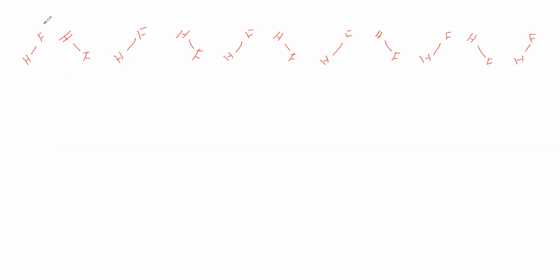Now we know that fluorine has a partial negative charge and hydrogen has a partial positive charge, therefore hydrogen bonding. Between fluorine and hydrogen, hydrogen bonding is possible like this.